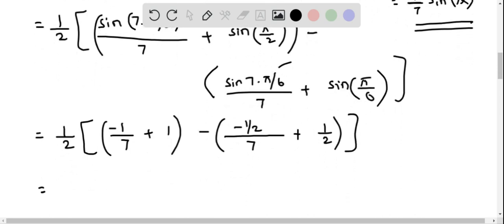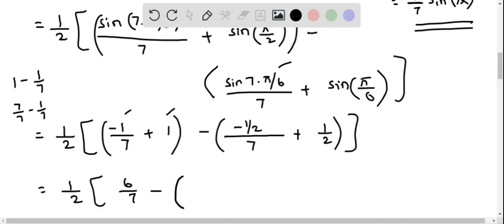So this equals half times, this basically is 1 minus 1/7, or otherwise 7/7 minus 1/7, which equals 6/7. We then put minus, this is negative 1/(2 times 7) is negative 1/14, plus 1/2.